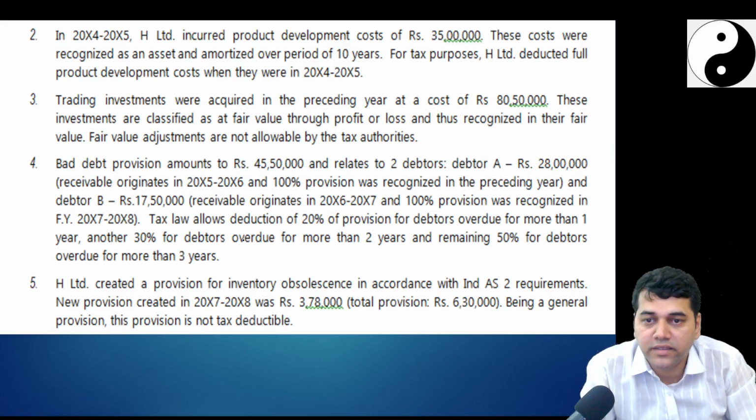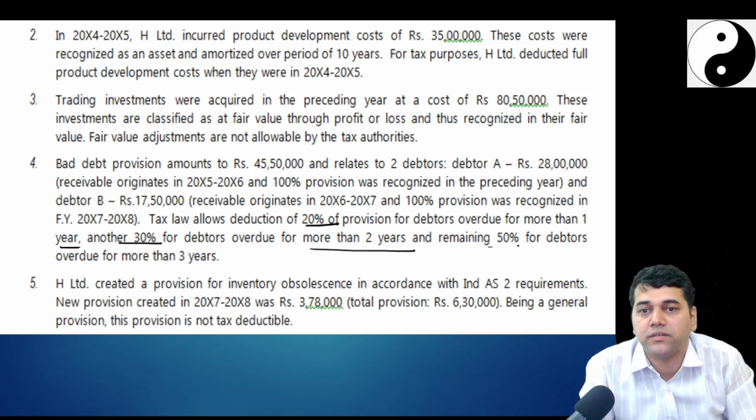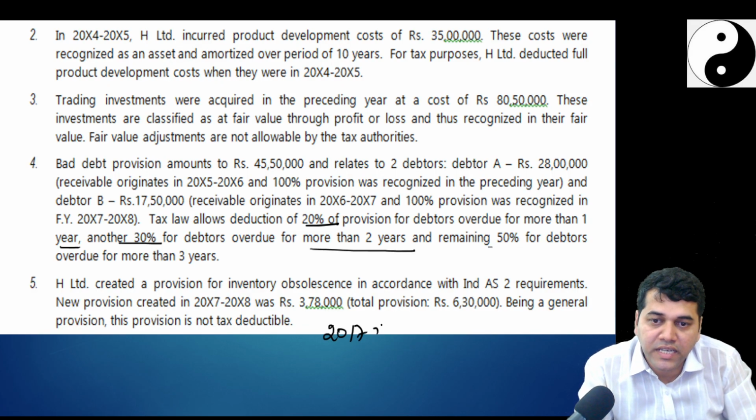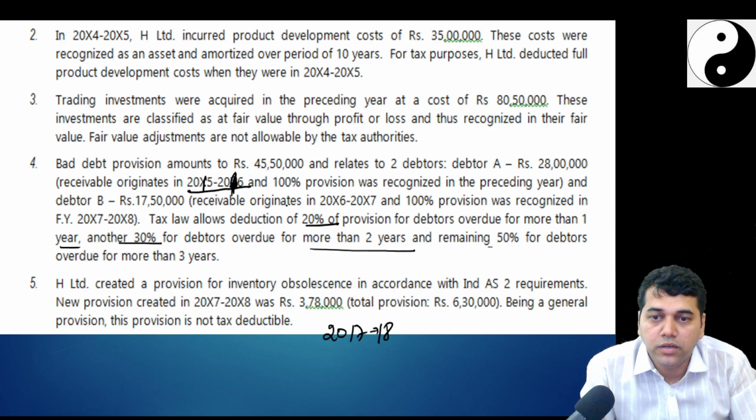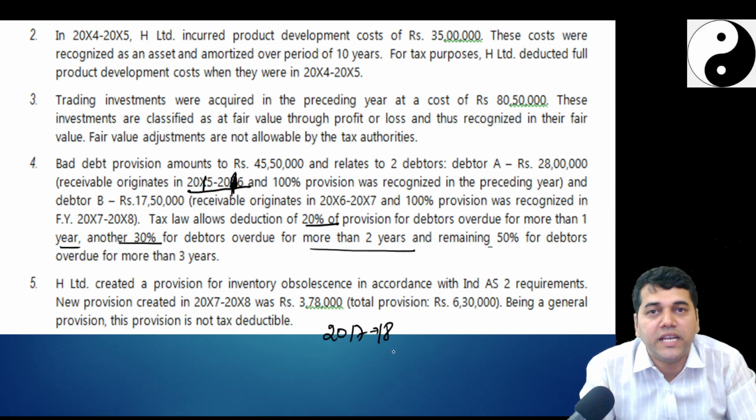Okay, let us see that. They said that tax allows 20% deduction if overdue for more than 1 year, another 30% if overdue for more than 2 years, and 50% after that. Now, today we are in 2017-18. Debtor A originated in 15-16. By the end of 31st March 2018, how much are you overdue? 15-16, 16-17, 17-18, so you are more than 2 years.